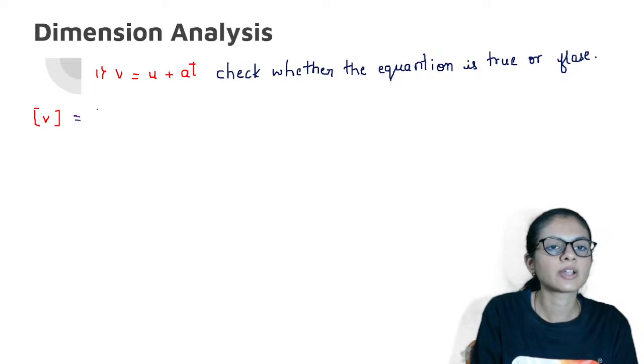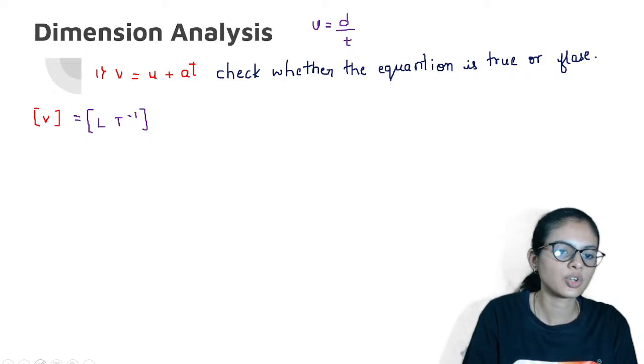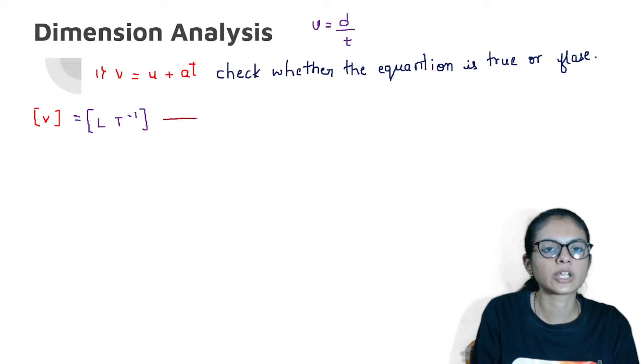So what is the dimension of V? V is nothing but velocity, that is distance by time. Distance means length and time means T power minus 1, right? So this is the dimension of velocity. Let me mark this as equation 1.